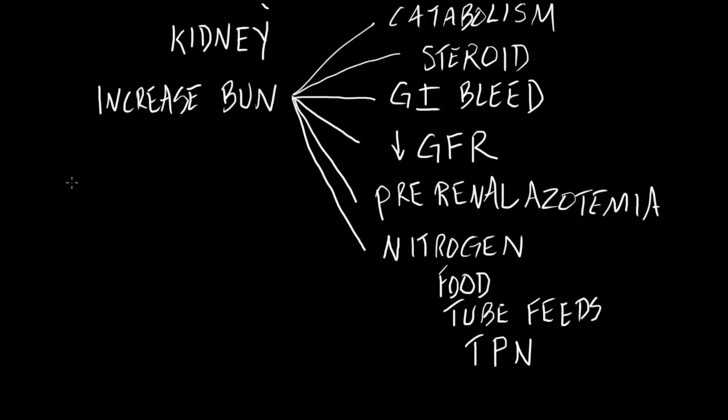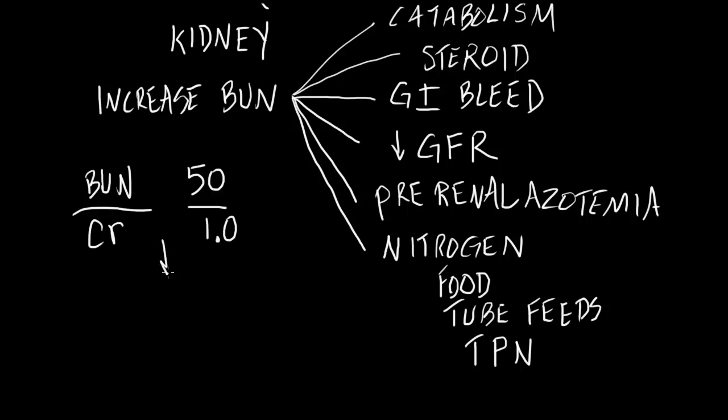I commonly see patients with BUN creatinine ratios that may be 50 to 1. These particular patients have a high BUN for many factors and many reasons, likely unrelated to the kidney function.